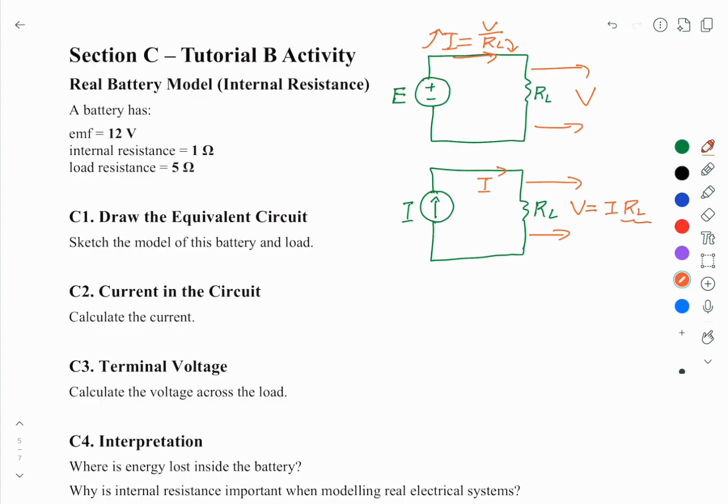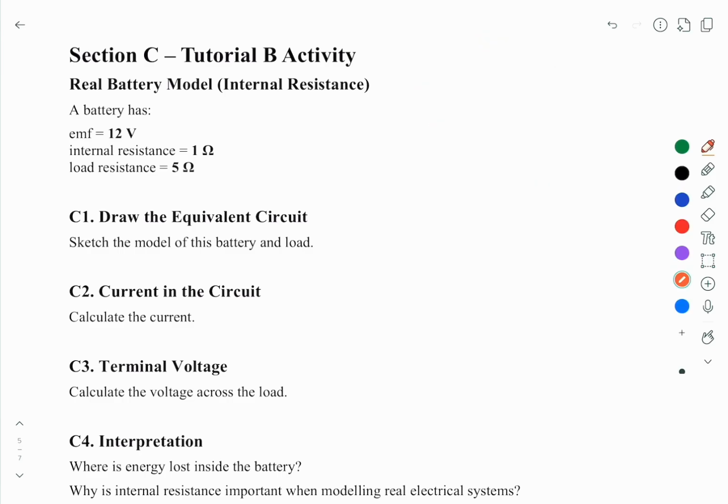Now let's ask this question: how should a real battery behave? And we know the real battery won't behave like an ideal voltage source. So we'll model the real battery as an ideal EMF source, in series with a so-called internal resistance.